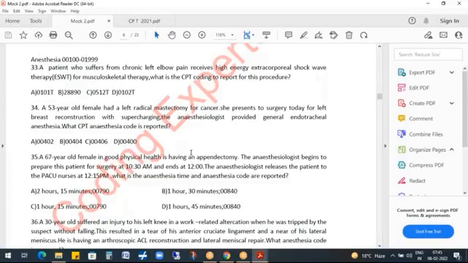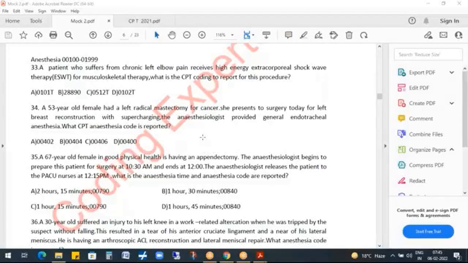Yes, sir. Okay, then also we can rule out 28890. Is that clear now? Yes, sir. Understood now, Geeta? You got some clarification? Okay. Next question number up to 35.